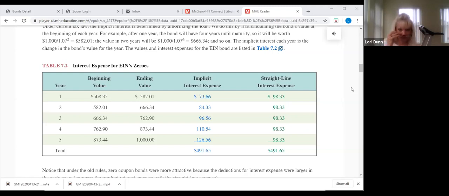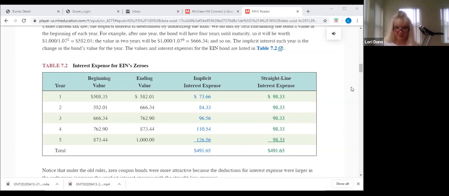So years ago, I forget the exact year, before 1982, corporations and bondholders, because corporations have interest expense when they have these types of bonds, and so do governments, and bondholders have interest income, even though they aren't actually receiving an interest payment each year.